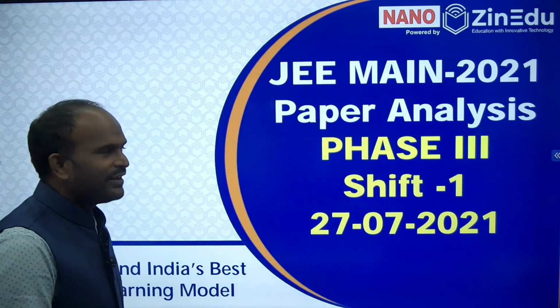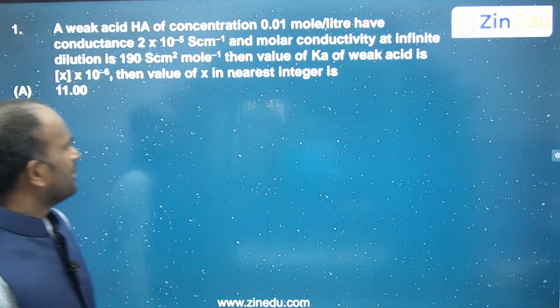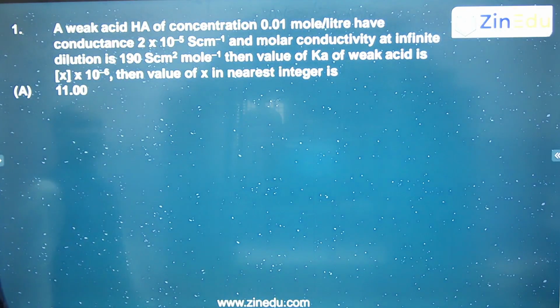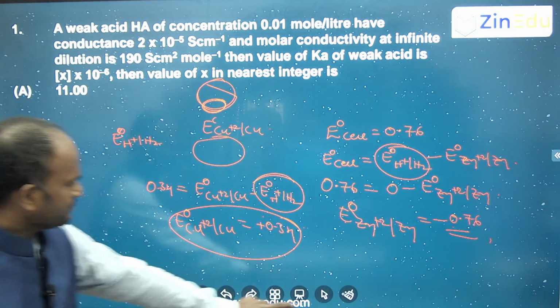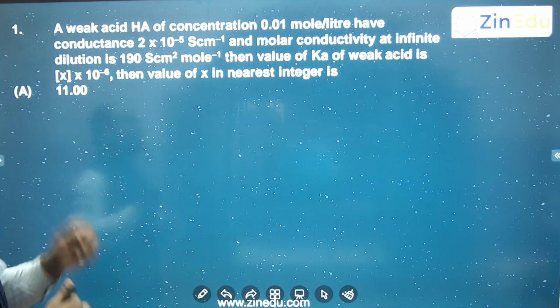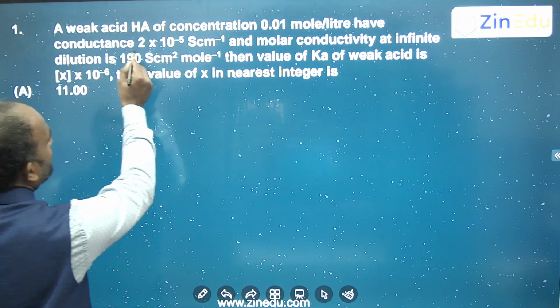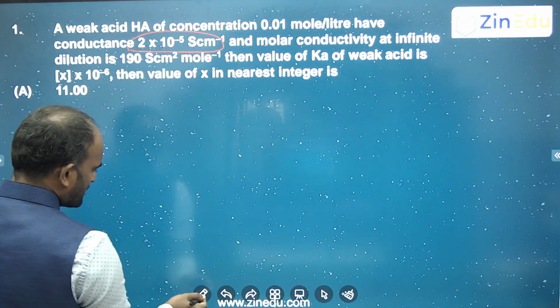Right? So, when we look at this question paper, the first question: a weak acid HA of concentration 0.01 mole per liter has conductance 2 into 10 power minus 5. This is the specific conductance.